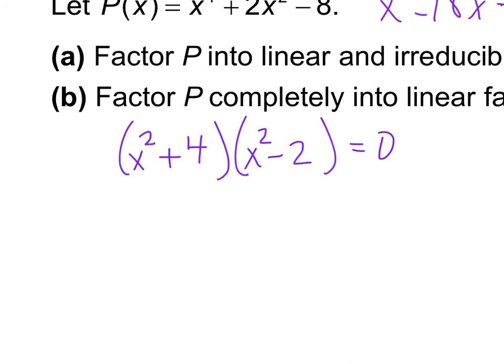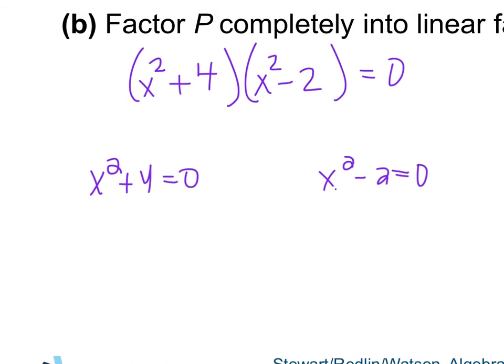Now, you're going to have 2 answers here, or you're going to have 4 answers. When I set this equal to 0, when I say x squared plus 4 equals 0, I'm going to have 2 answers. And when I say x squared minus 2, I'm going to have 2 answers. 2 of them are going to be real, and 2 of them are going to be imaginary. Don't make the mistake of thinking it's going to be plus or minus 2 on the left-hand side.